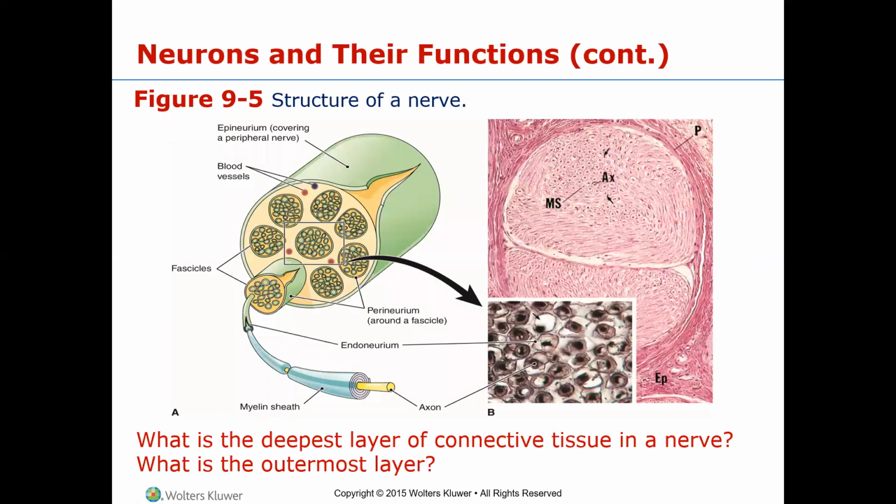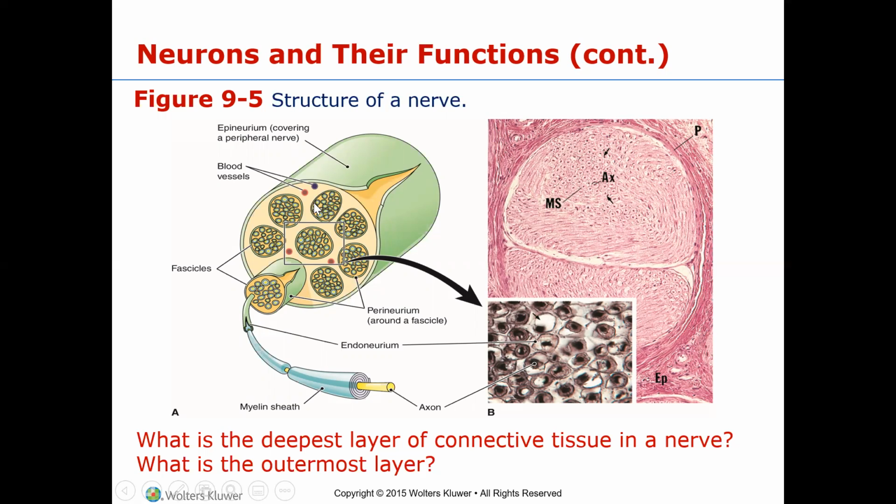So let's look at this. Here again, just like what we saw with a muscle, going from the outermost portion, we have the epineurium, okay? And then we have a bunch of fascicles that have the nerve fibers all within it.